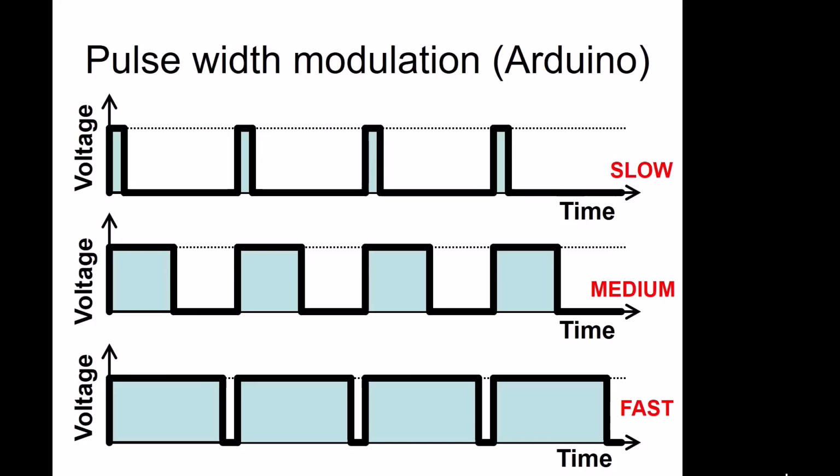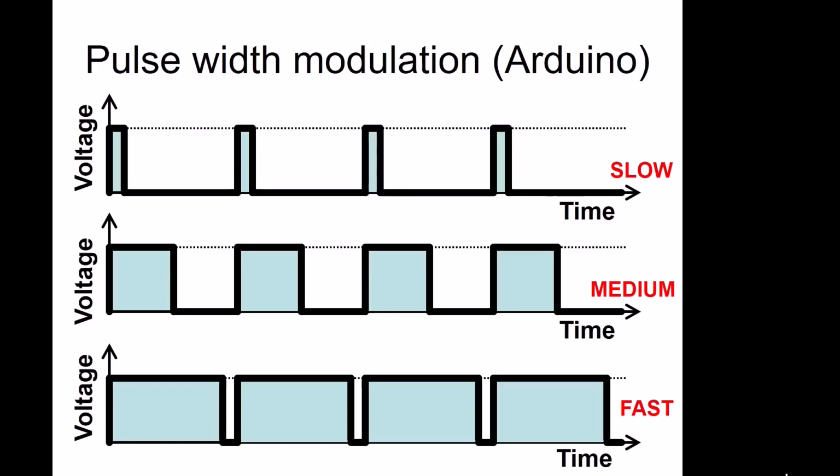The final digital to analog conversion I want to consider is pulse width modulation, and this is the technique the Arduino uses. If you remember, in the instrumentation and drives module, we drove the motors with a pulse width modulation signal.